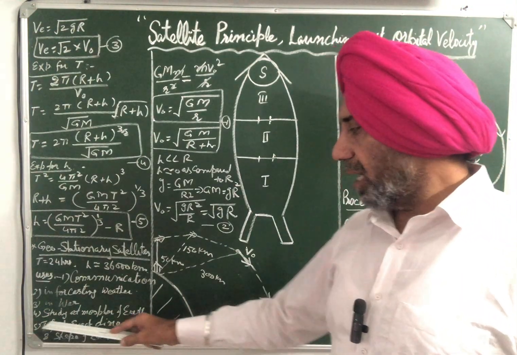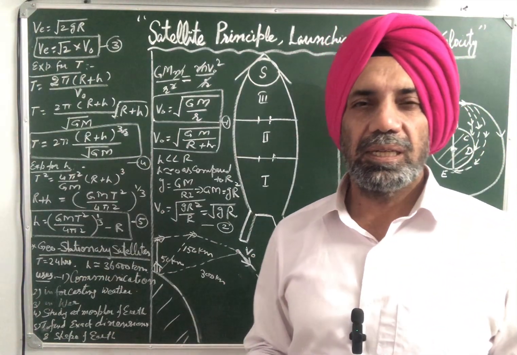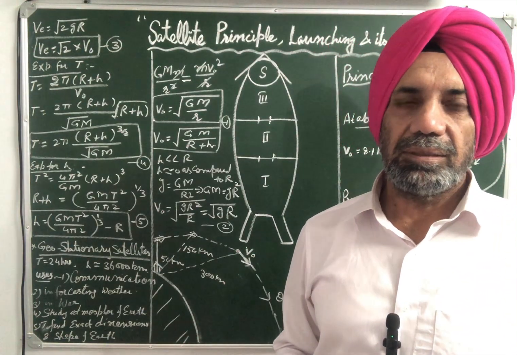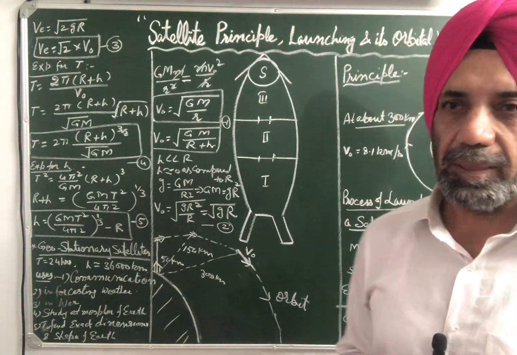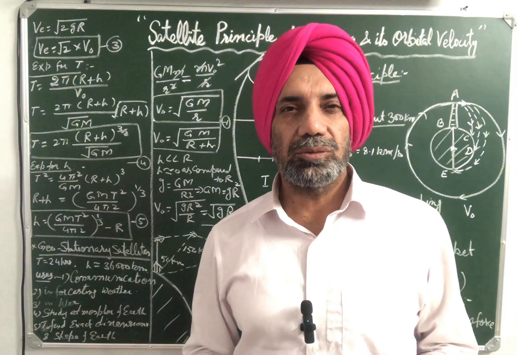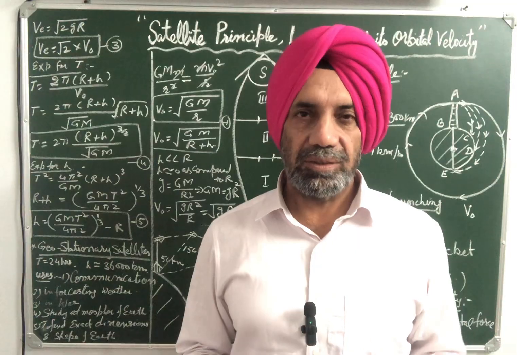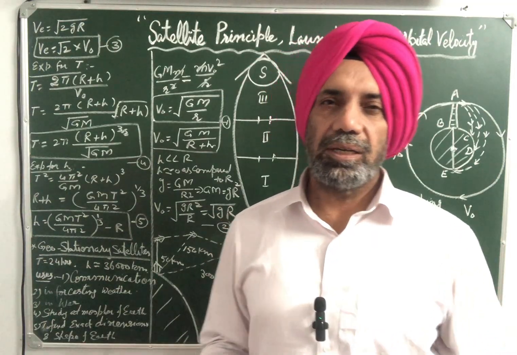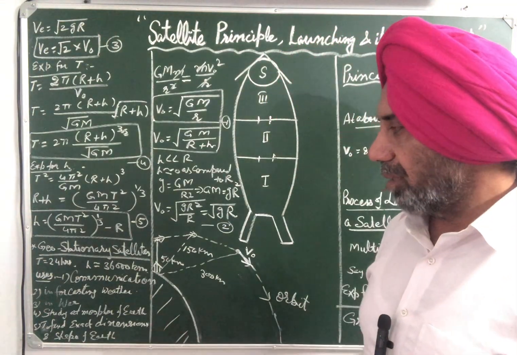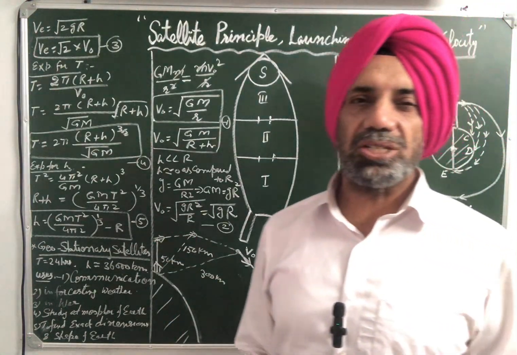They are used to study exact dimensions of Earth, the shape of Earth, and for GPS purposes, to locate some place when we want to go anywhere. So we use this GPS system, which is all a use of geostationary or communication satellites.